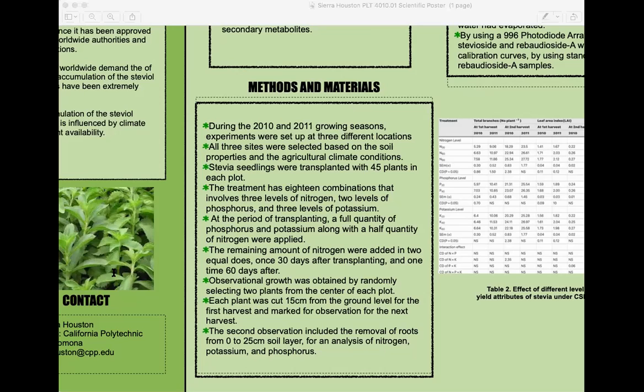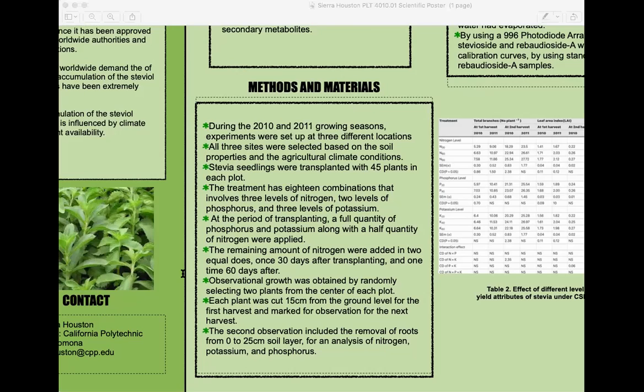During this experiment, we're looking at the nutritional variability and the secondary metabolites of stevia by looking at the leaf yield. Investigations were carried out during the 2010 and 2011 growing seasons at all 3 field sites.